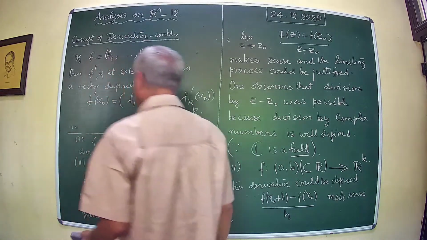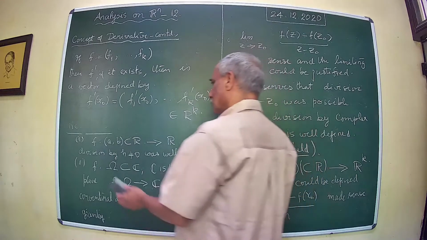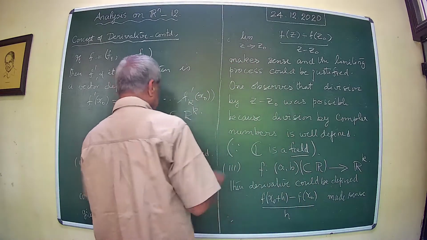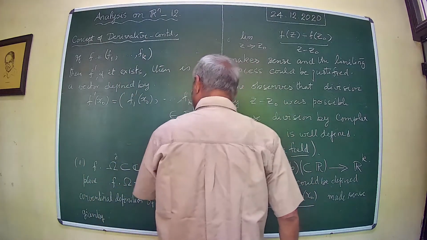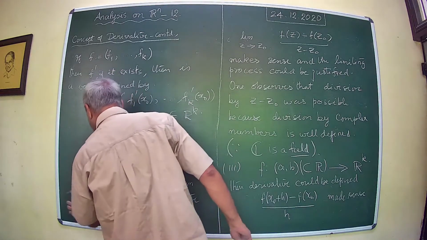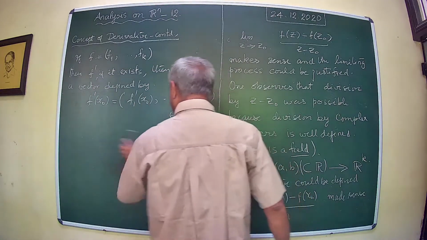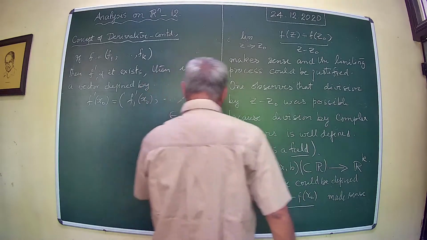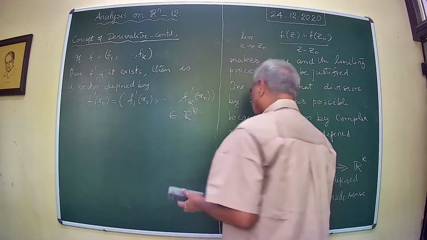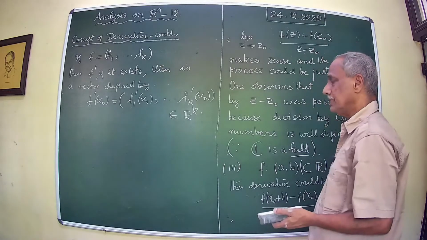This was very different. There was no problem. And all these kinds of arguments, once again, we were banking on the field property of R, or here the field property of C.